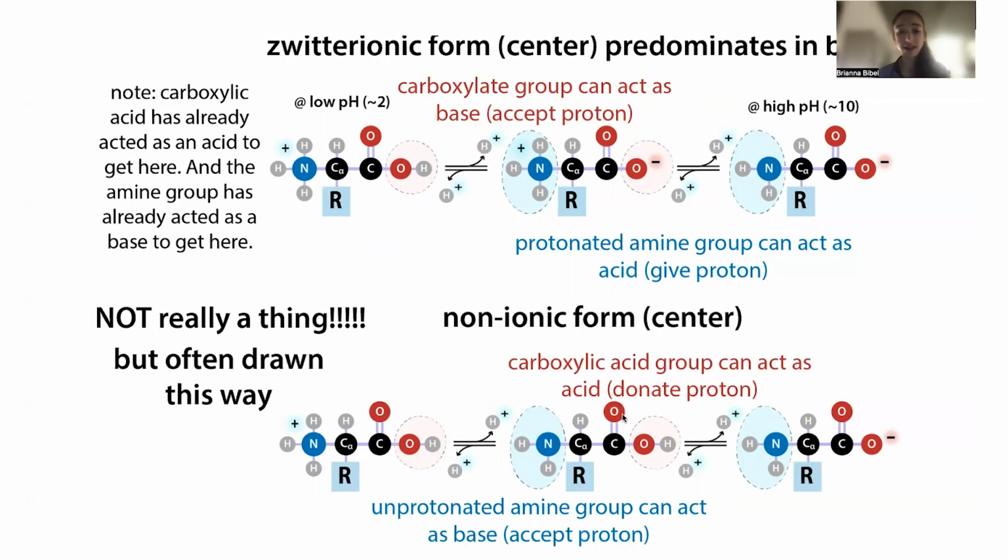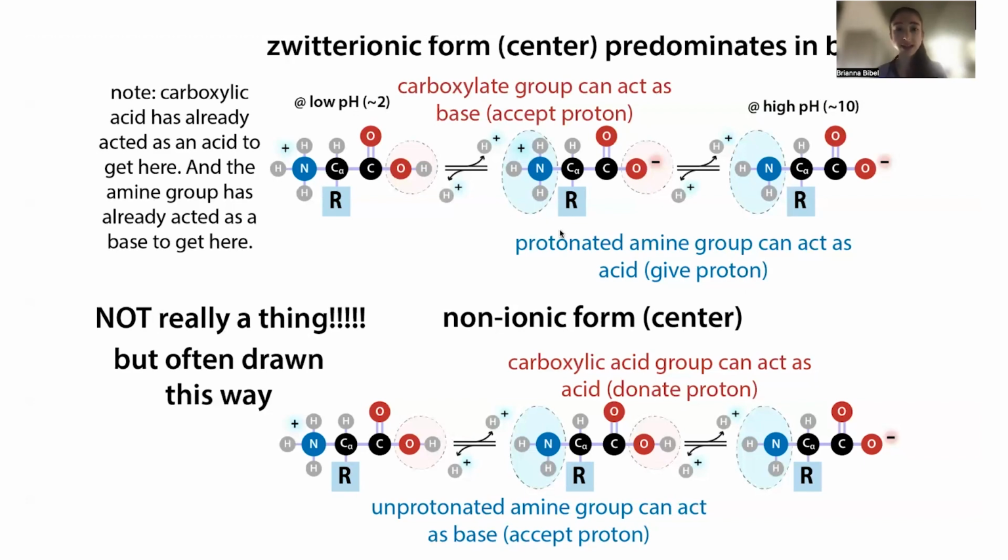This is not really going to exist because, as we just saw with these similar groups in the side chains, the amino group nitrogens are going to be in the protonated form, and the carboxylic acid groups are going to be in the deprotonated form in our body. If you have enough protons around to protonate the nitrogen or to protonate this oxygen, you're going to have way more than you need to protonate the nitrogen.